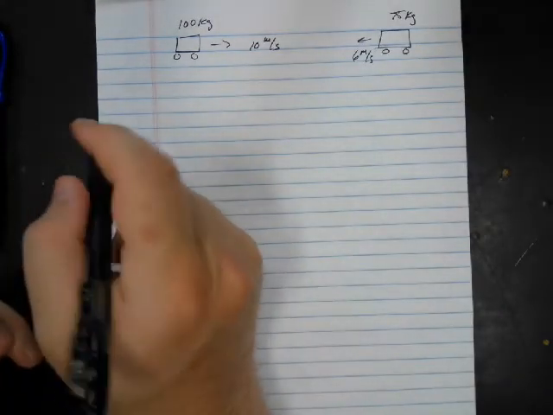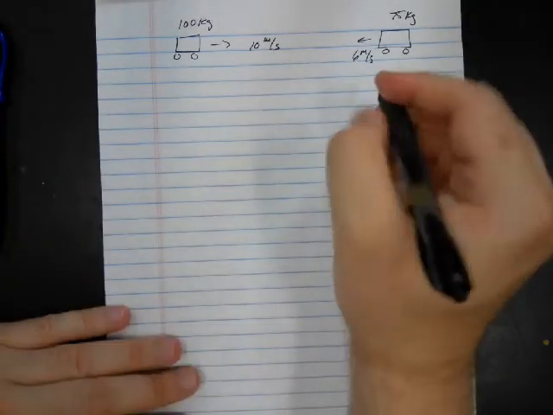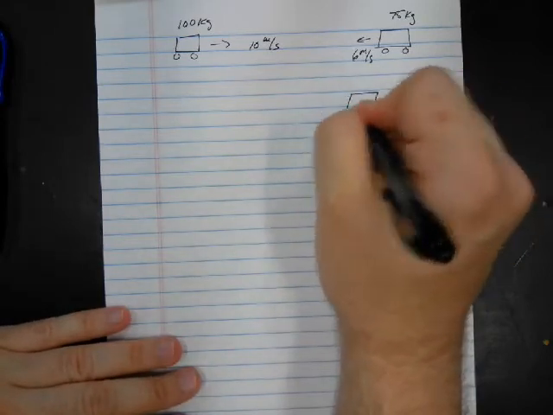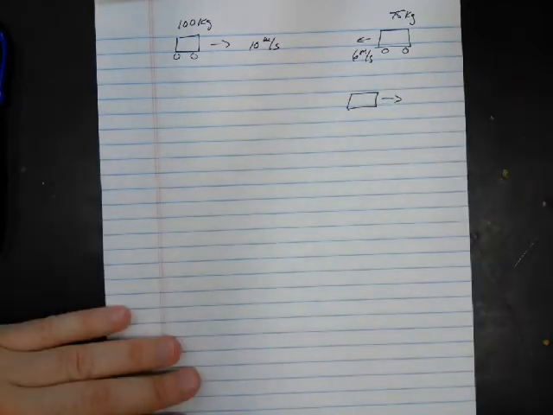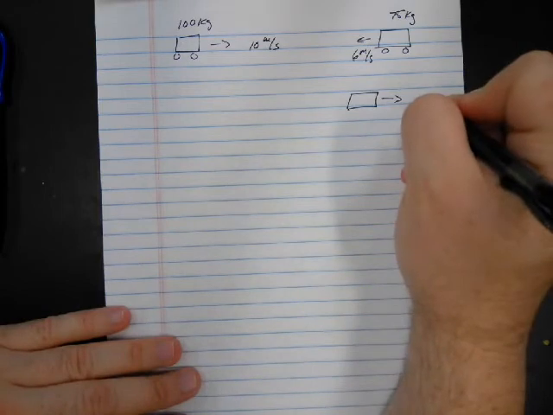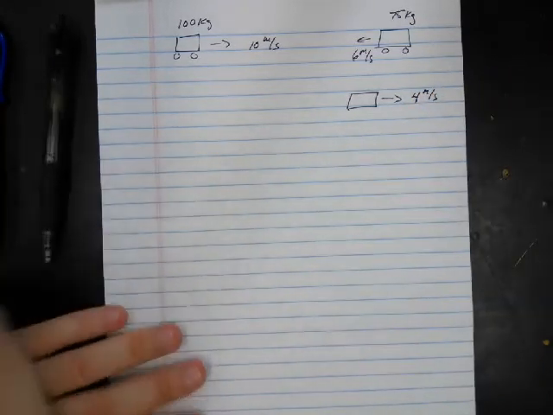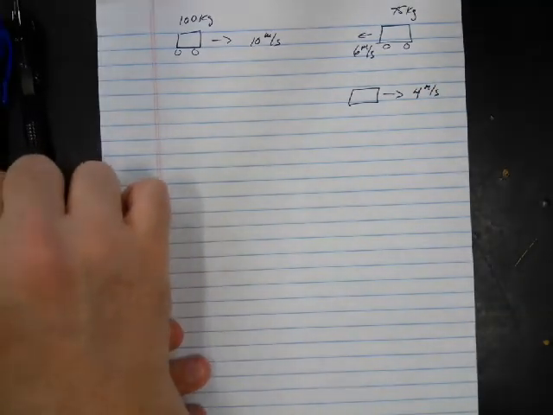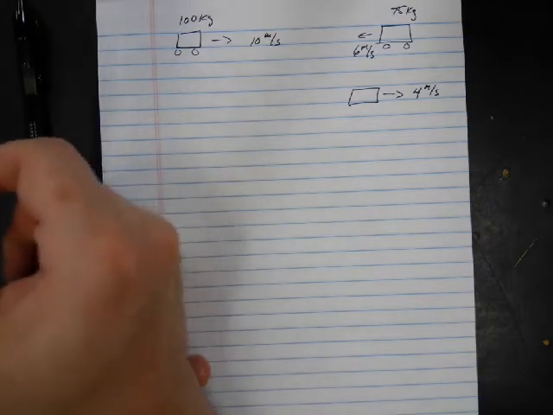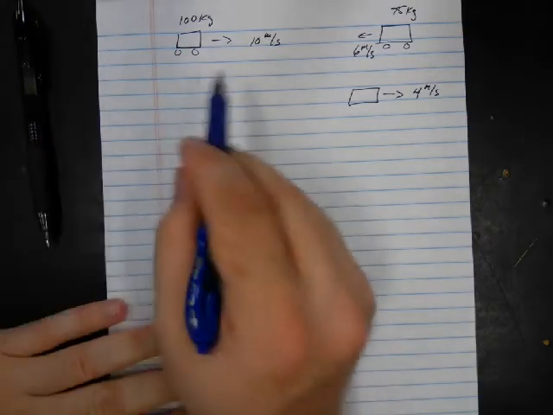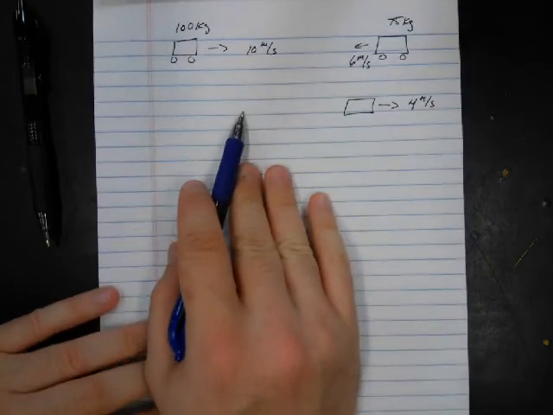Collide, and then we're going to let this cart return at 4 meters per second, let's say. Don't know if that's a valid answer. We'll see. Now, this is the thing, is what's going on here.